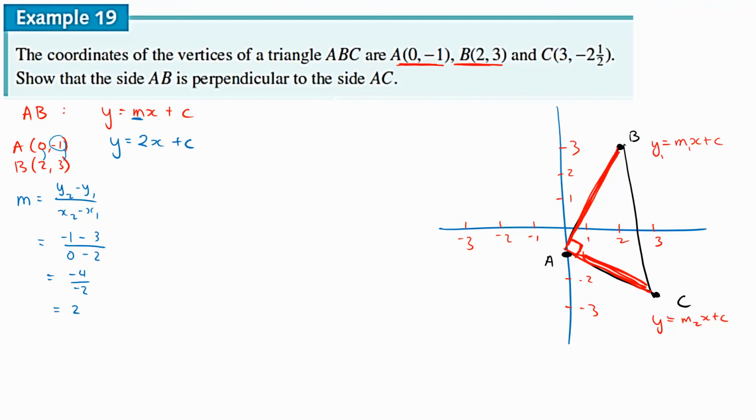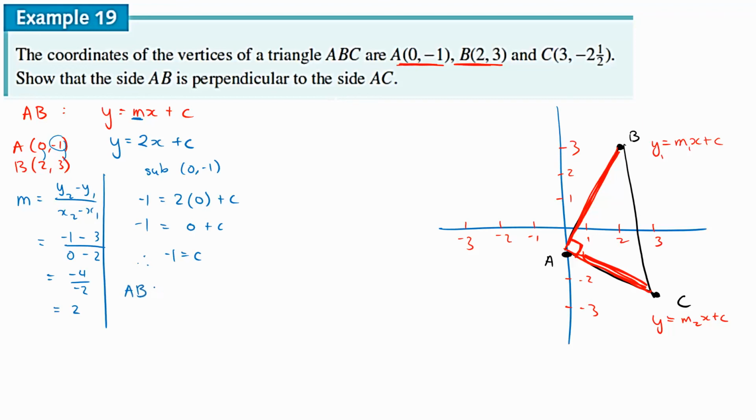So substitute (0, -1) to solve for c. x is 0 and y is -1, so it becomes -1 equals 2 times 0 plus c, and that becomes 0 plus c. Therefore, c equals -1, or if you like, -1 equals c. Same thing.